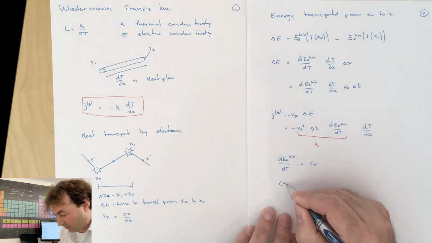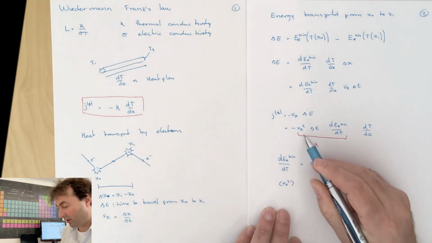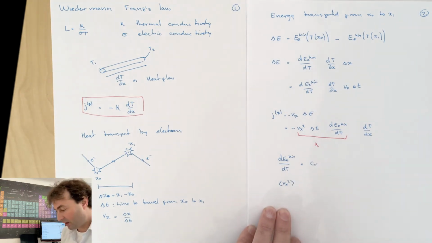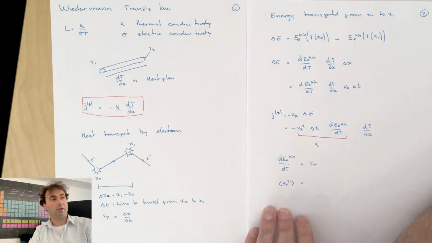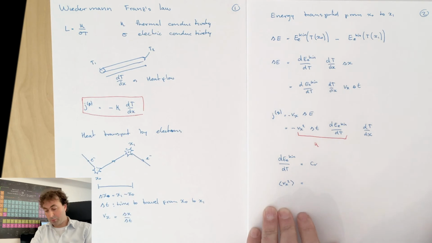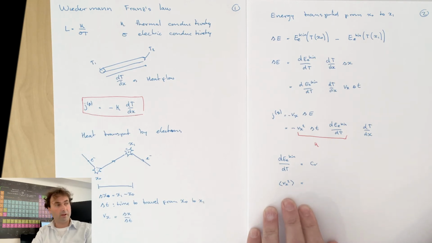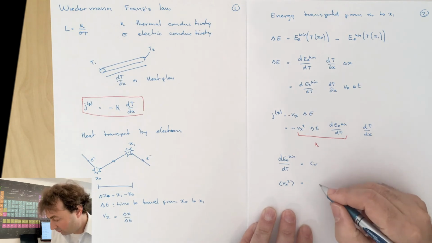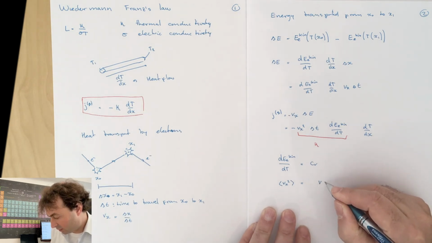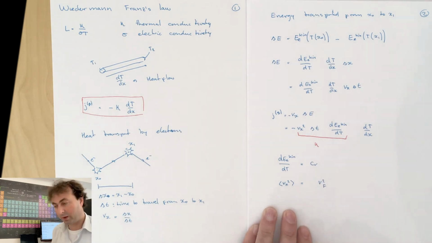Then we have the ensemble average of the velocity in the x direction squared. Well, we now have to realize which electrons actually do the heat transport, and the electrons that do the heat transport are those electrons that sit at the Fermi energy, because close to the Fermi energy we can have the scattering. We still assume that temperature is small compared to the Fermi energy. So the average velocity squared is the Fermi velocity squared.